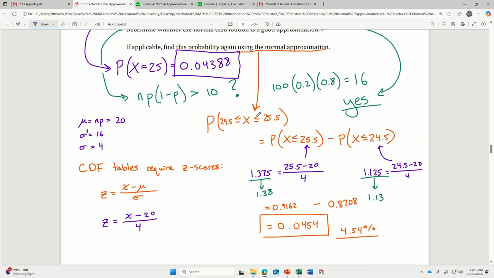So we did not get the same answer when I used the exact binomial distribution versus using the normal distribution approximation of that distribution. But even though it's not exactly the same answer, it's still kind of close. It's still within like 3 to 5% error. Not terrible. Pretty good.